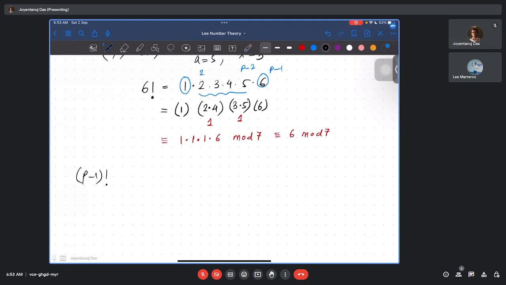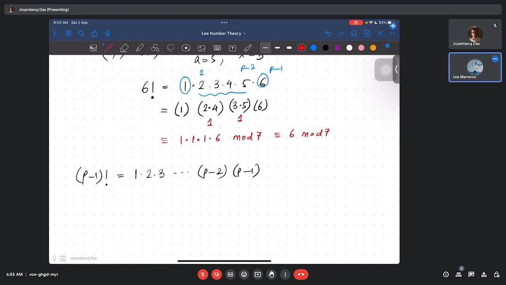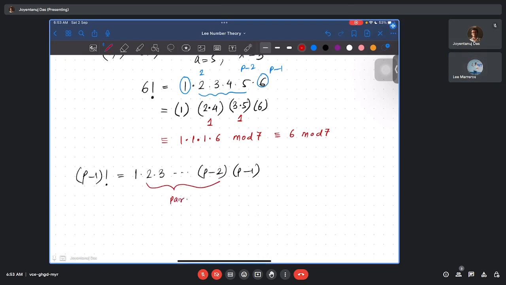So p minus 1 factorial is 1 times 2 times 3 up to p minus 2 times p minus 1, right? Between this range, I can always pair up the numbers such that when I take modulo p, it becomes just 1.